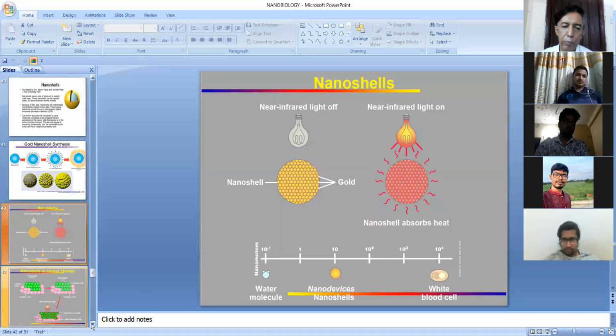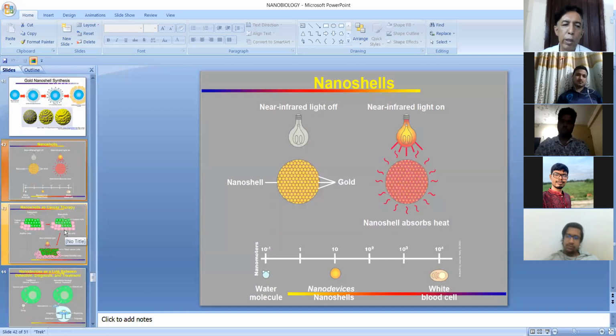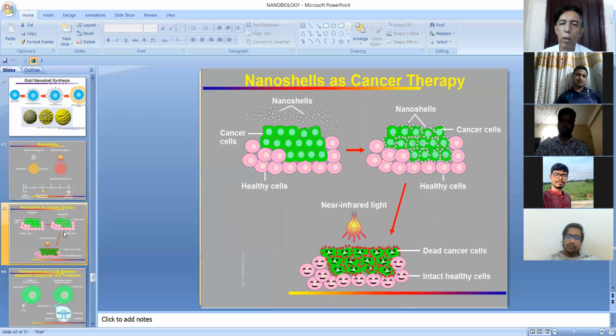So you see what it is doing. Say, for example, these are the cancerous cells and these are the good cells. The nanoshells will be accumulated on the cancerous cells.